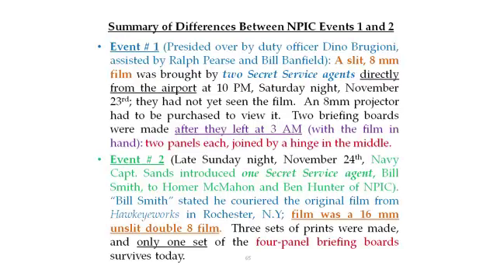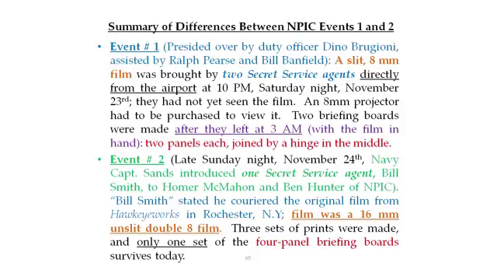Now, event number 2 was quite different. It occurred 24 hours later, late Sunday night, well after dark, on November 24th. That's when it commenced. It ended the next morning, November 25th. Navy Captain Sands, the deputy director of NPIC, introduced 1 Secret Service agent, Bill Smith, to Homer McMahon, the head of the Color Lab, and his young assistant, Ben Hunter, who had just gotten out of the Air Force and just gone to work for the CIA.